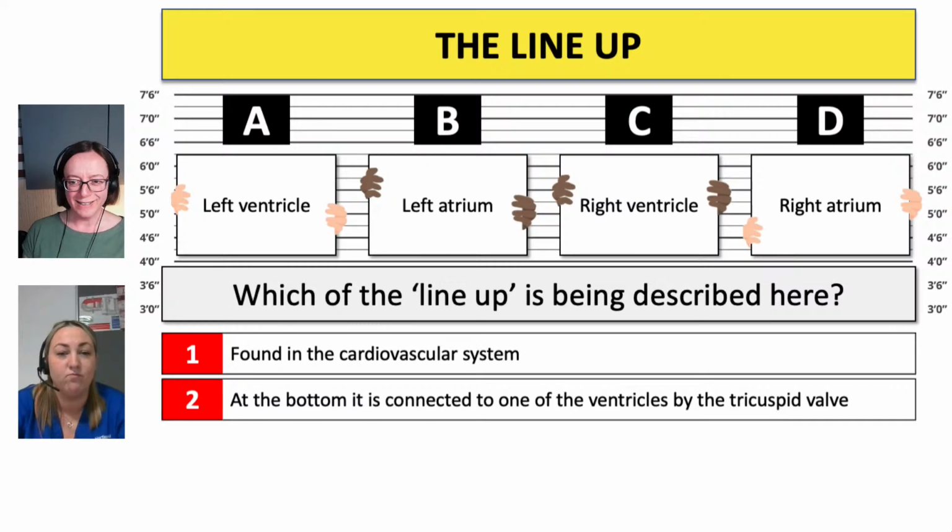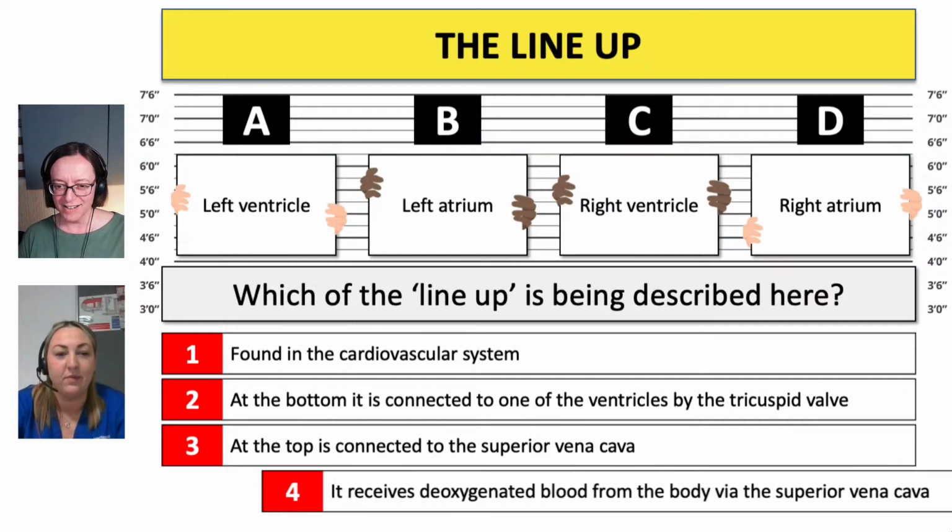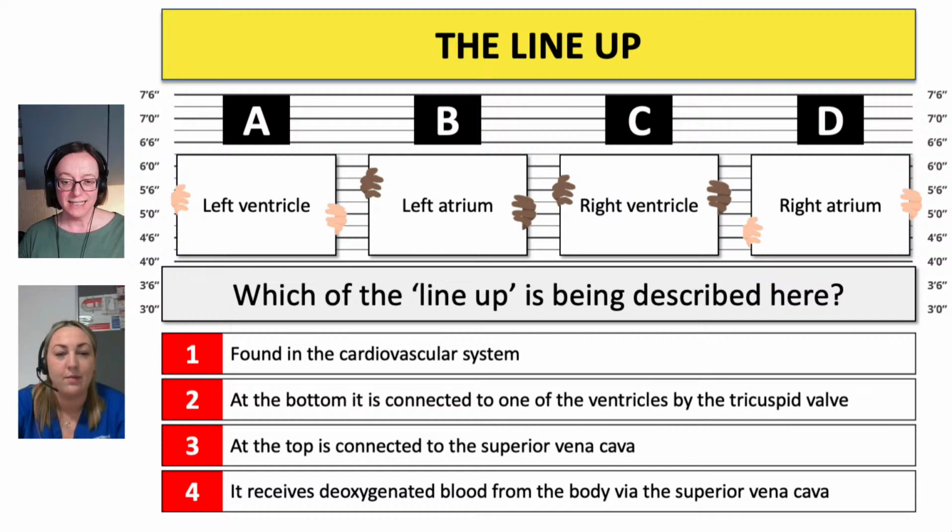Got all these tricky words again. What do we think? Let's go for the next clue. I'm trying to picture the heart in my head. It's tricky. At the top, it is connected to the superior vena cava. And then the last clue: it receives deoxygenated blood from the body via the superior vena cava.